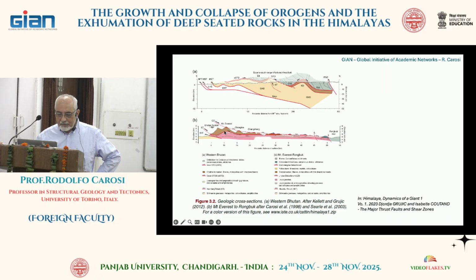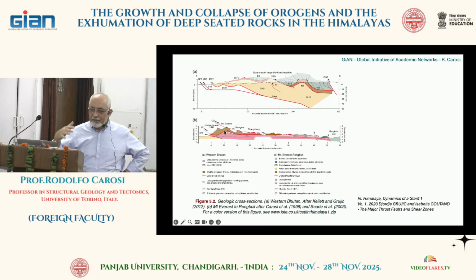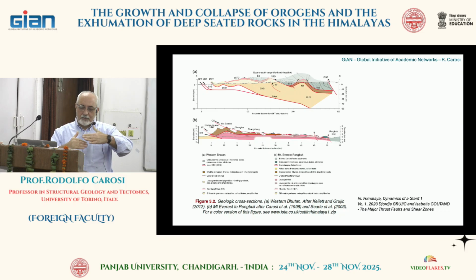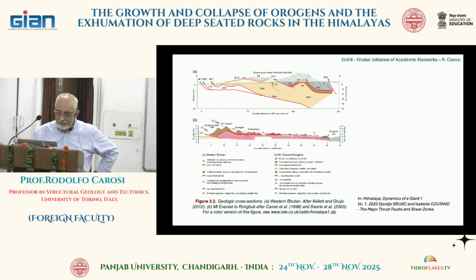So in several parts of the belt, the South Tibetan detachment is not only made by one shear zone, but you have a lower ductile shear zone and an upper brittle shear zone. But it is not the same in every place. Then there are some normal faults like this, high angle normal faults cross-cutting the detachment.